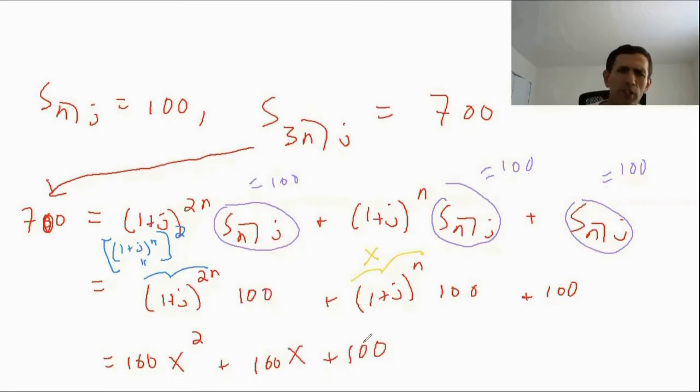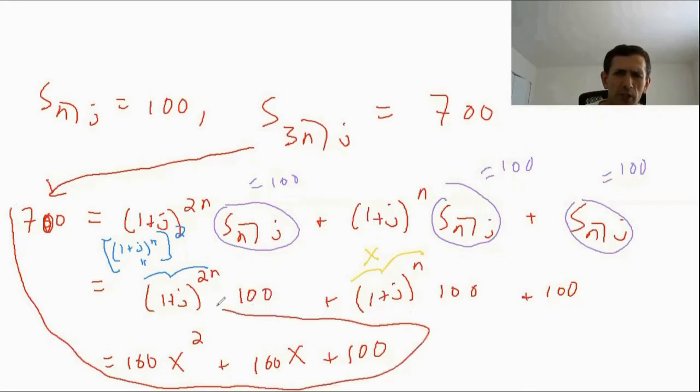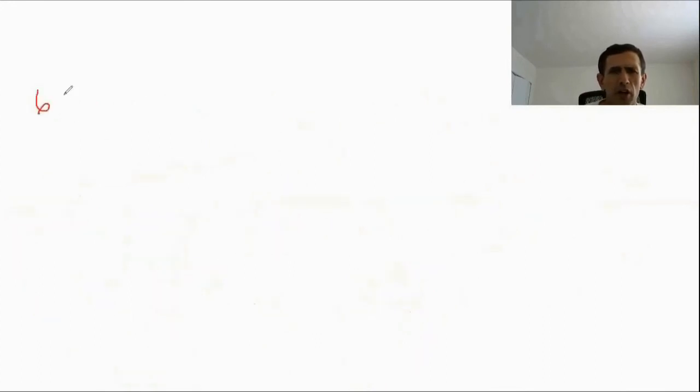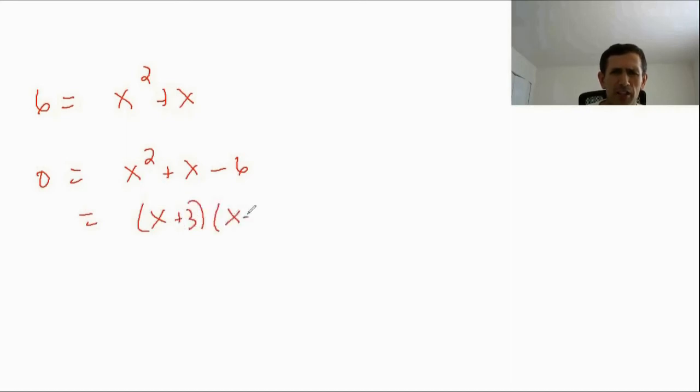Now we just subtract 100 from both sides, and get 600 on the left-hand side. So we're solving for X here. You get 600 is 100 X squared plus 100 X. Divide by 100, you get 6 is X squared plus X. So very easy, you just factor: it's (X plus 3)(X minus 2).